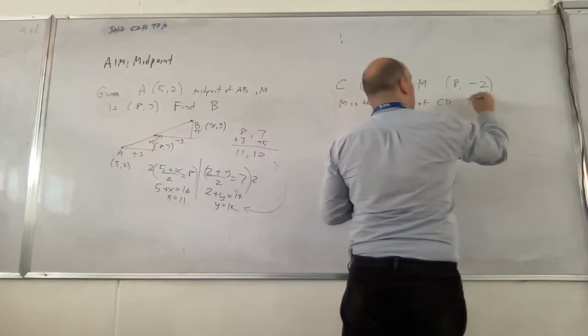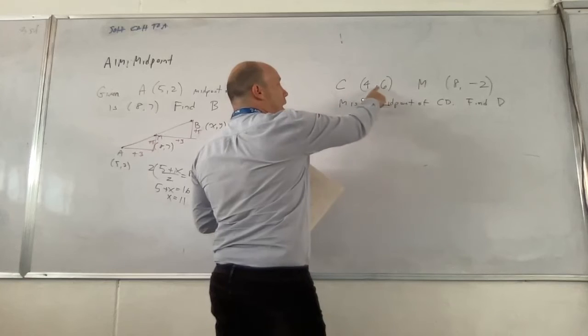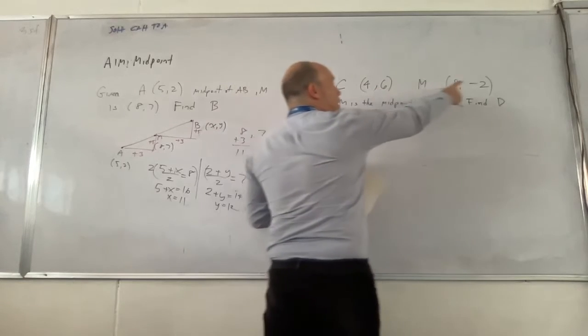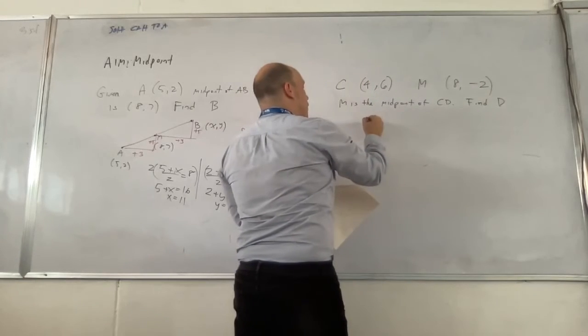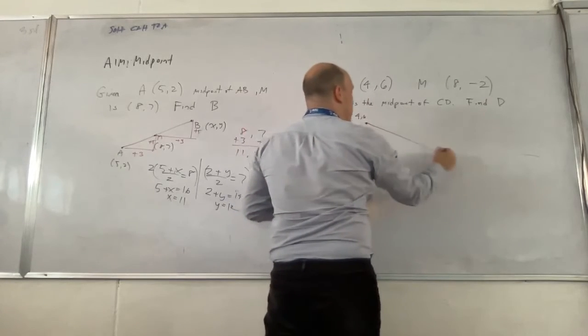So find D. I can make a visual. I know that I started at 4, 6. It looks like I'm going down.